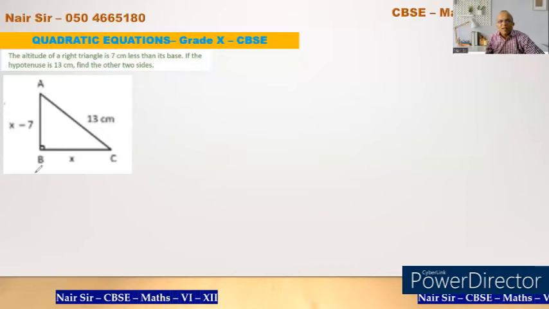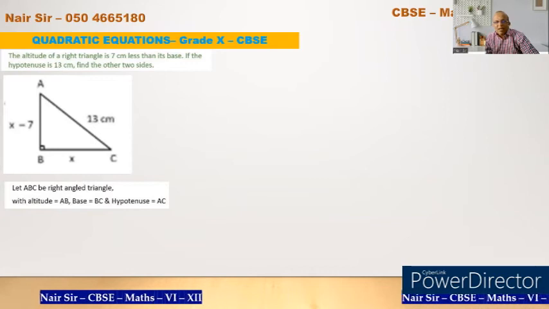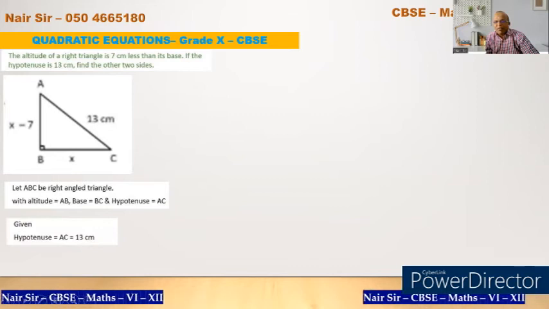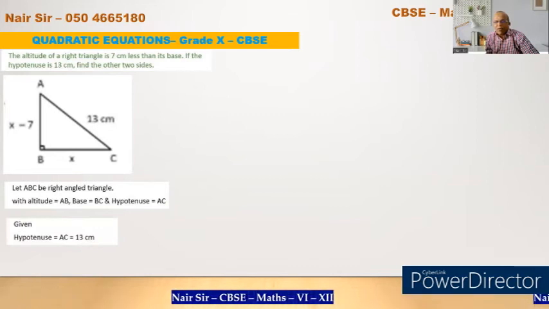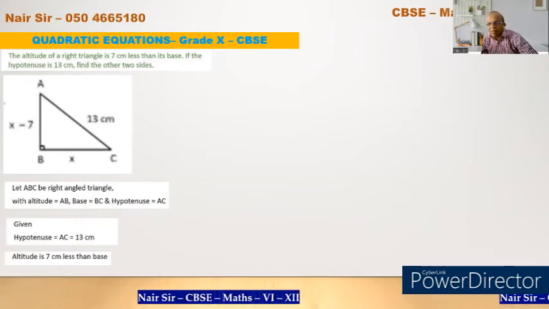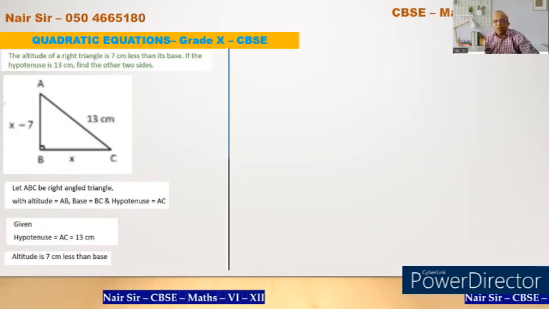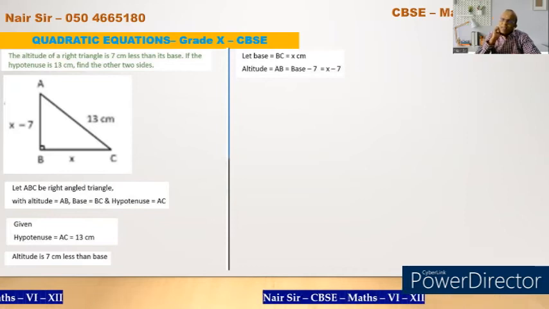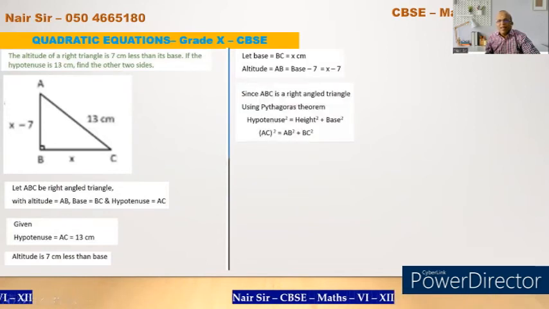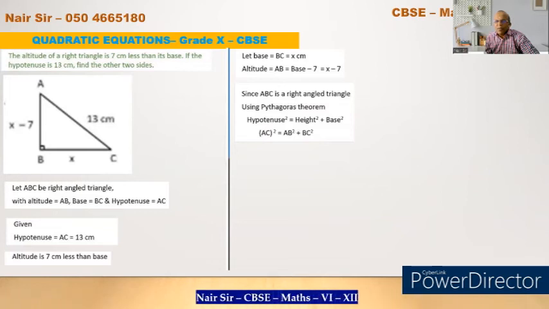ABC is a right angle triangle. Altitude is AB, base is BC, hypotenuse is AC. Hypotenuse is given, equal to 13 centimeters. Altitude is 7 centimeters less than the base. I have not been given the base, but I have been given a relationship between base and altitude. So I said let the base be x, the altitude becomes x minus 7, and hypotenuse square is equal to height square plus base square.